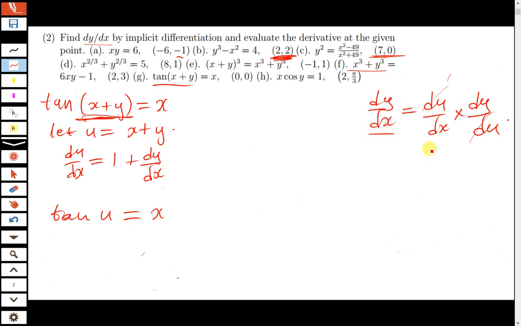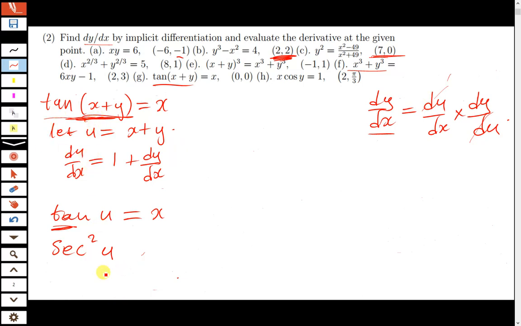Okay, so we know that the derivative of tan u is simply sec squared u. So on this part alone, we're using the chain rule.